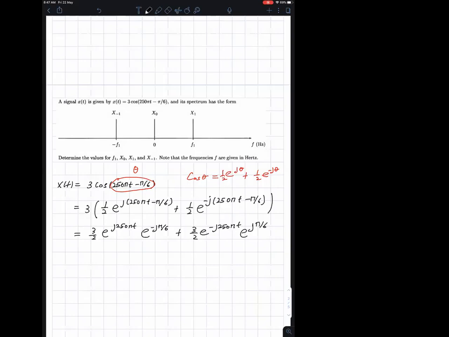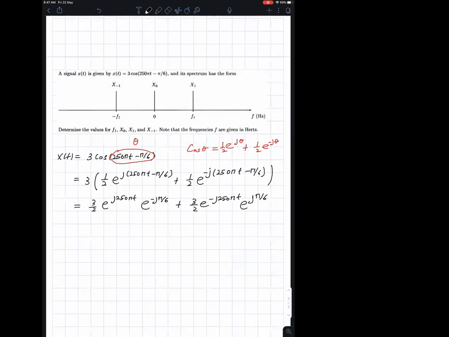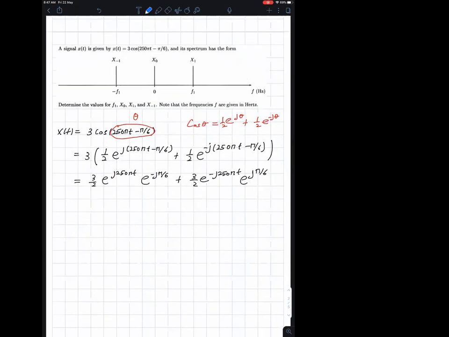Once you have it, what you need to do is note that this is the frequency part. Like this part here, it's a frequency. Similarly, this is the frequency part.